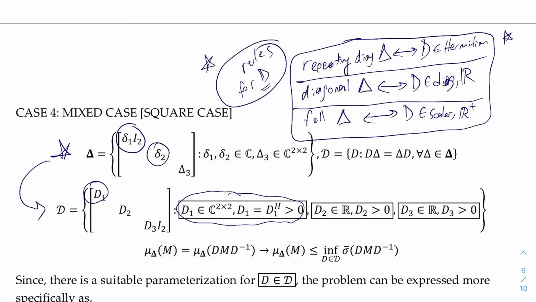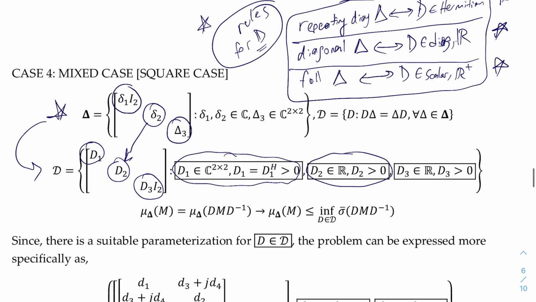For a given 1 by 1 diagonal, D2 is a real number, just real and positive. And then for a given full, unstructured delta, D is a scalar times identity, such that the dimensions agree.